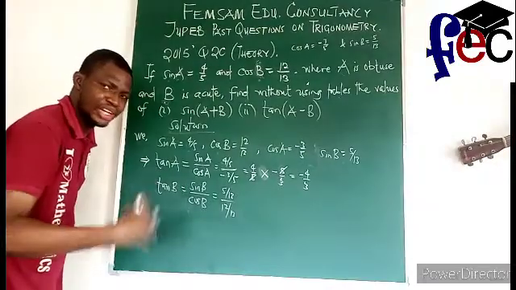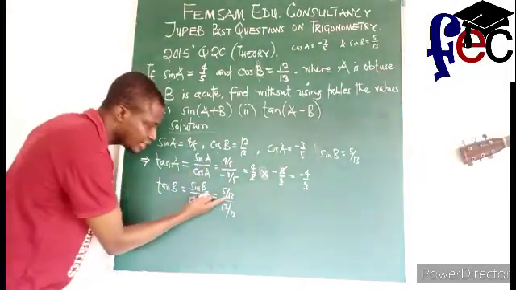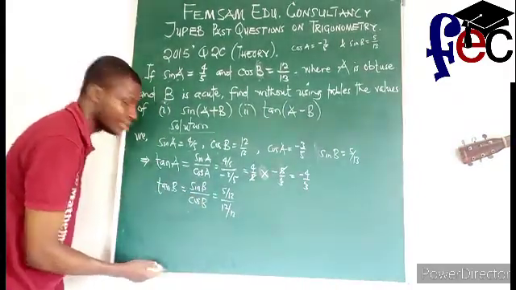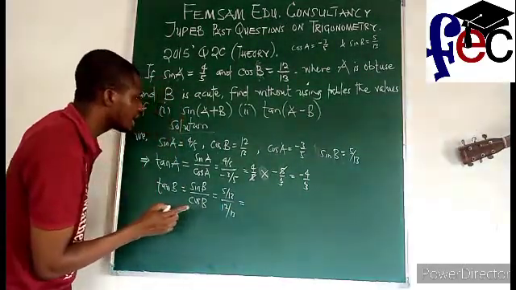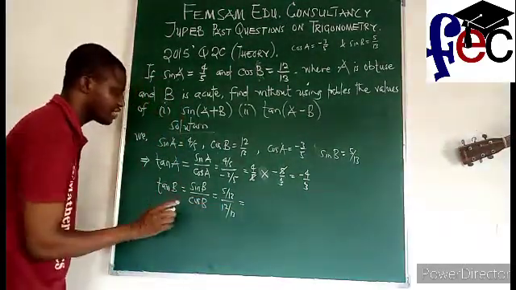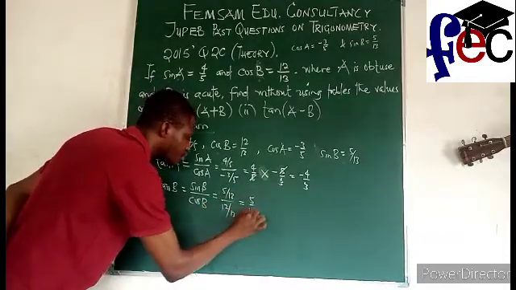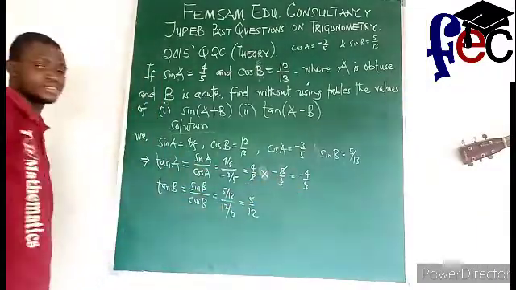Now, because you now know this better, what I said here will now be applied here. 13 will just terminate this 13 because they are both at the denominator. So the result of this will just be, yeah, it looks like, oh, I thought there was a negative sign somewhere. Pardon me, please. So this will be 5 divided by 12. So 13 has terminated 13. If you follow the same pattern, we'll get this result.